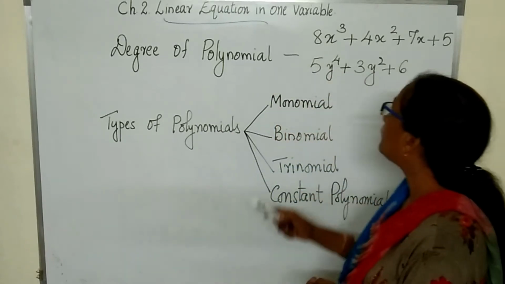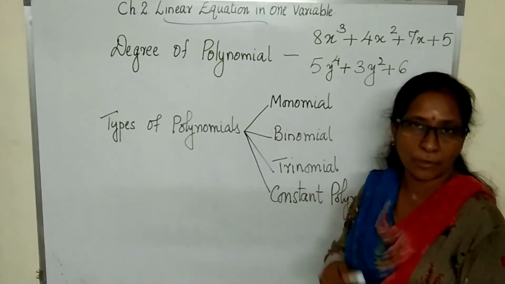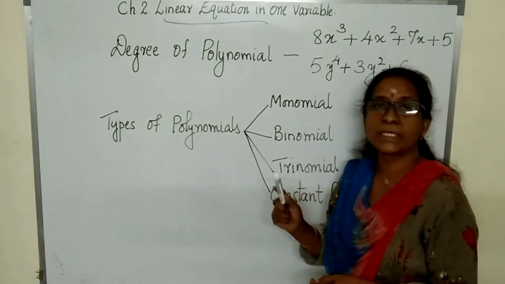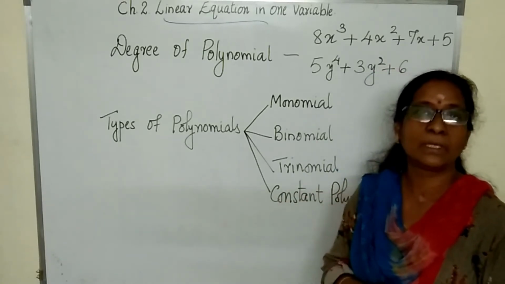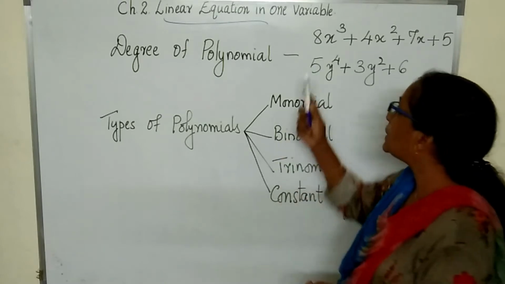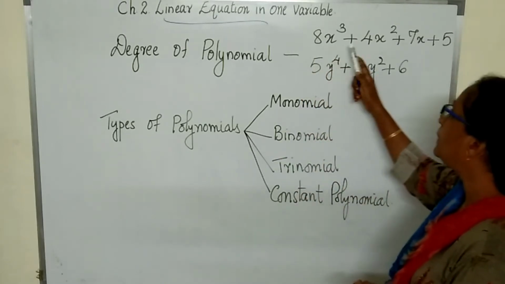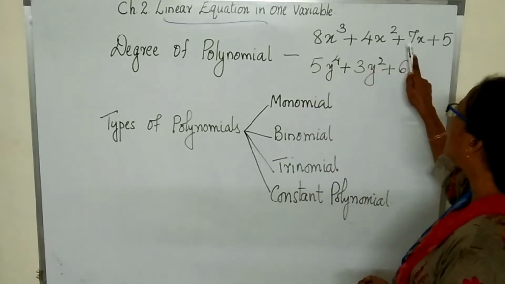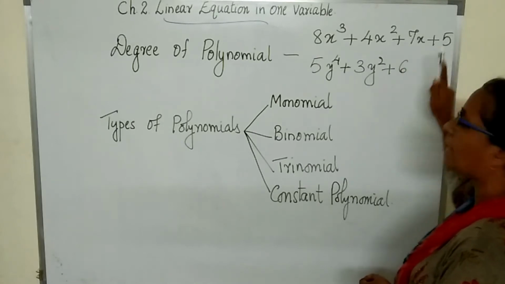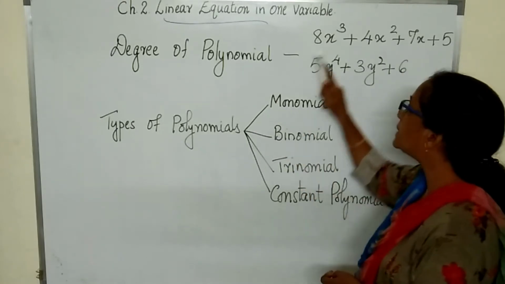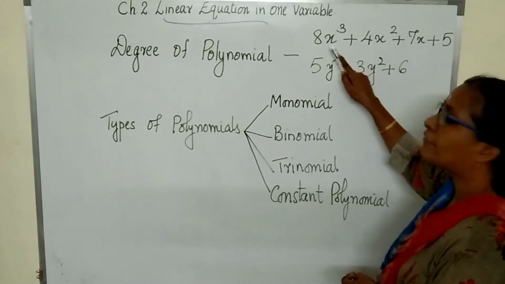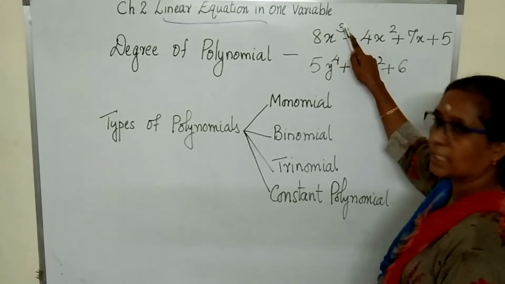Now what is degree of a polynomial? Degree of the polynomial is the highest power of variable in an expression. Now see, 8x cube plus 4x square plus 7x plus 5. The variable is x here. In the first one the power is 3.